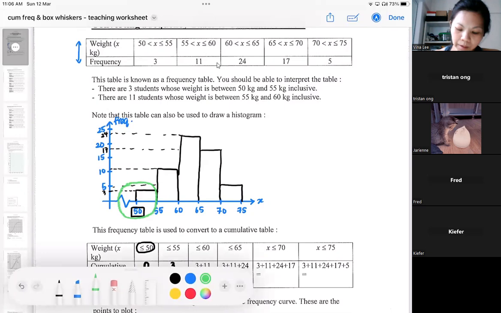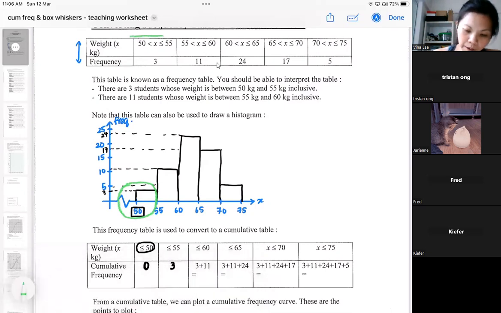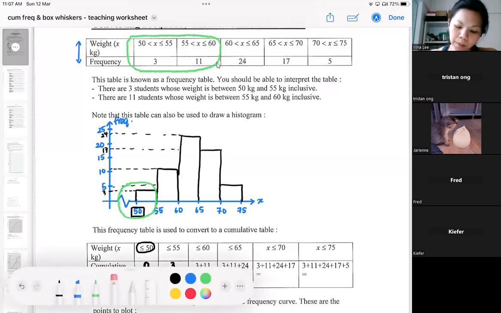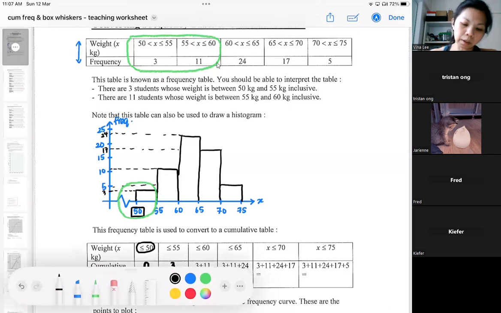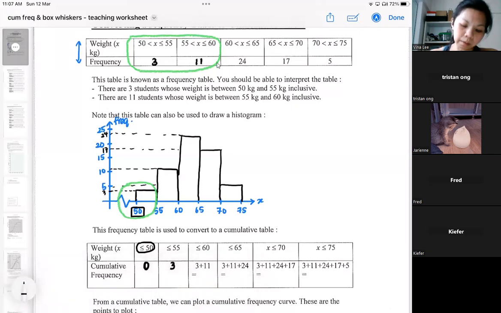Those who are less than 60 are everybody here. So 50 to 55 is still considered less than 60. So if I consider how many students are less than 60 kg, it is just this and this.